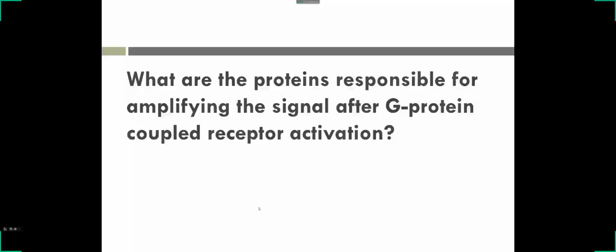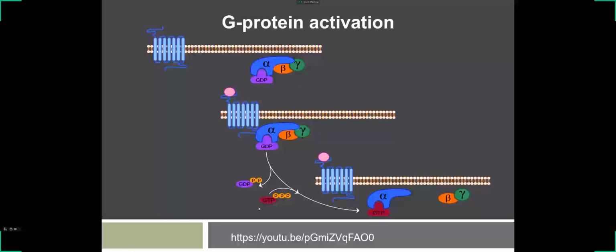So what are the proteins responsible for activating and amplifying a signal after a GPCR is activated? It is these heterotrimeric G proteins that we mentioned. Importantly, this step of GDP to GTP exchange causes a conformational change in alpha, which is driven by the conformational change that we talked about within the receptor.